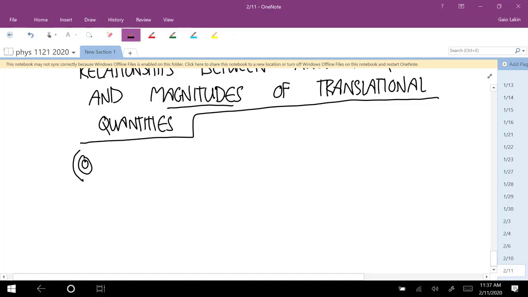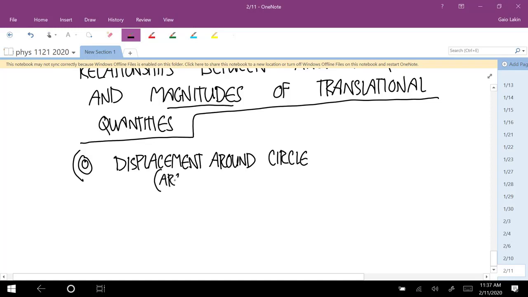But the displacement around the circle, you can think of that as the arc length, is the radius of the circle times the change in the angular position. You've used that before in geometry.